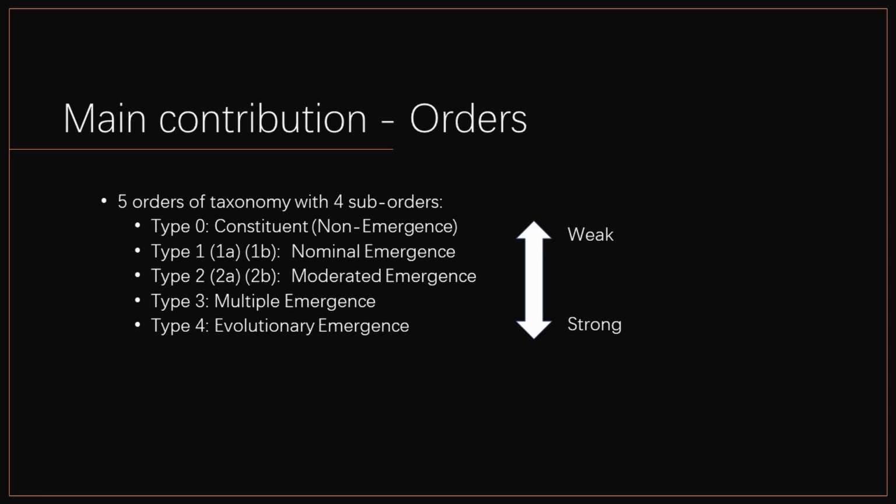In Type 2b emergence, feedback from the global to the local is net positive and typically results in rapid, often exponential, changes in the system and general instability. Type 3 emergent behavior combines the characteristics of Type 2a and Type 2b emergent behaviors. It describes systems that exhibit both net positive and net negative feedback.